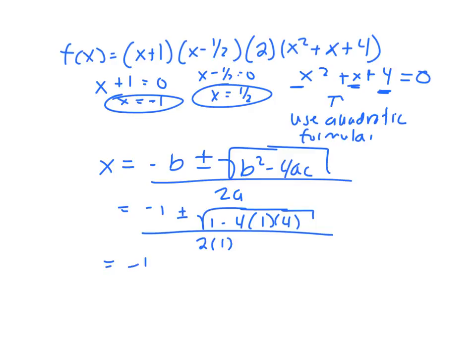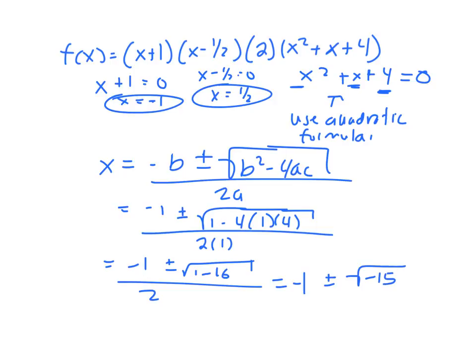Okay, so this is -1 plus or minus the square root of 1 minus 16, since 4 times 4 is 16, all divided by 2. So this is -1 plus or minus the square root of -15, over 2. Okay, now we have the square root of a negative number, which is not a real number.